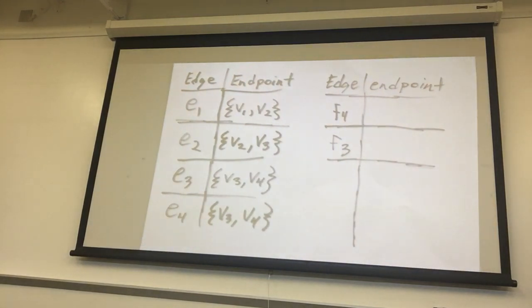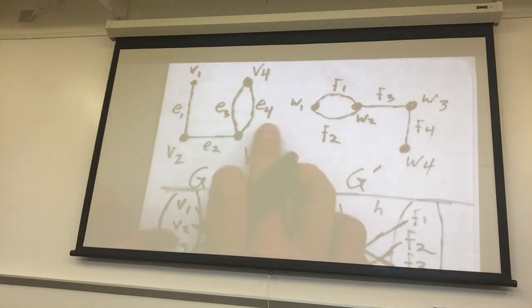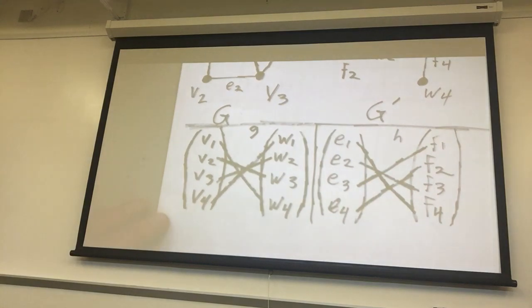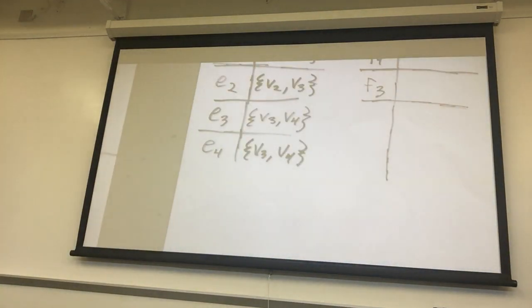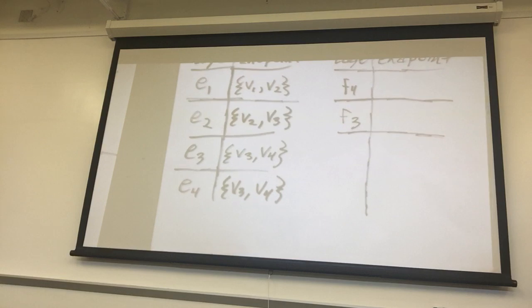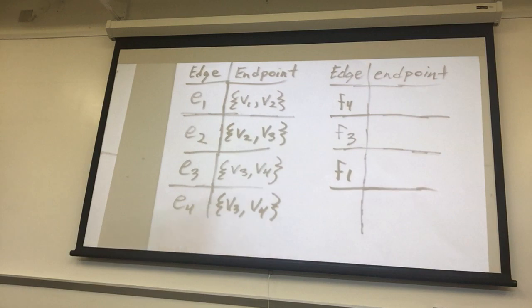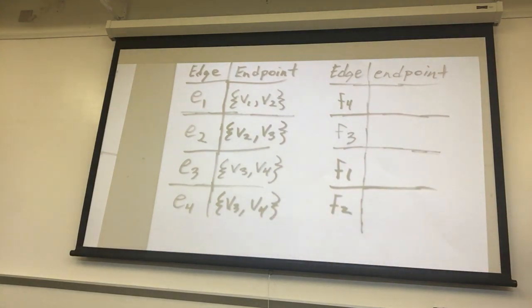Edge 3 and edge 4 map to F1 and F2, but let's follow our scheme and say that the mapping H goes from edge 3 to F1, and edge 4 maps to F2. Those two won't matter, and you'll see in a second exactly why.